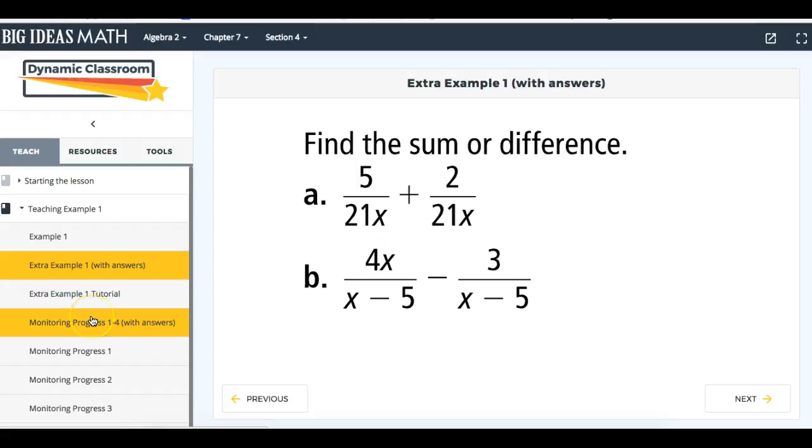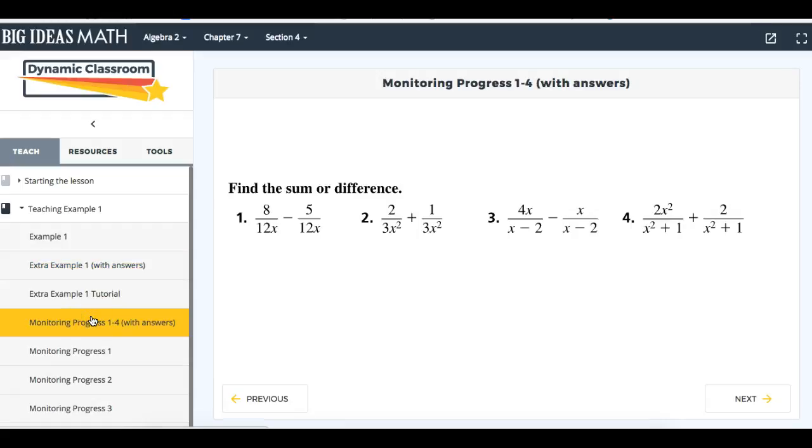Now, I want you to continue on right here to check your answers on working with some expressions that are a little different. I want you to look at number 2 right here.